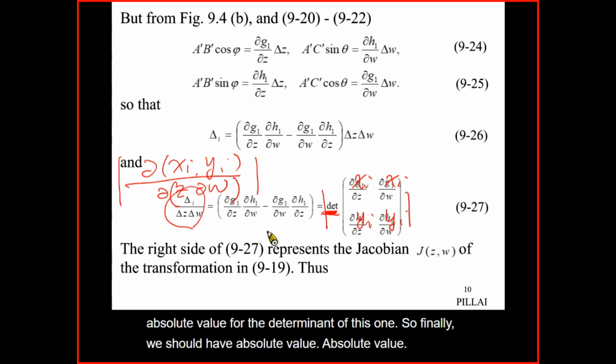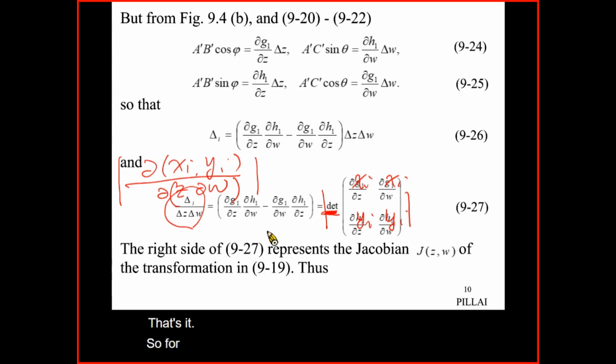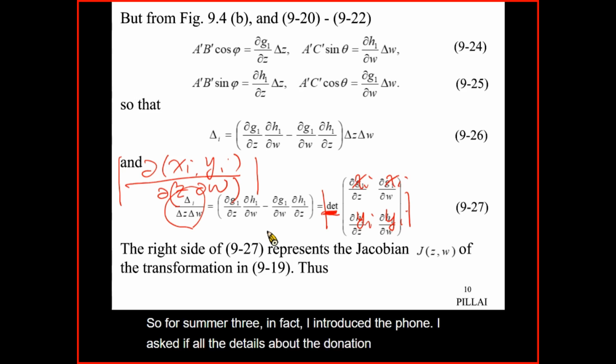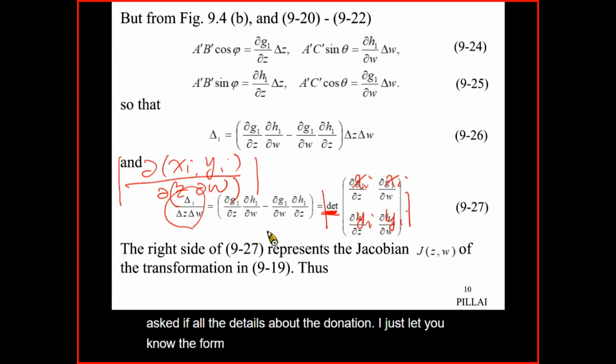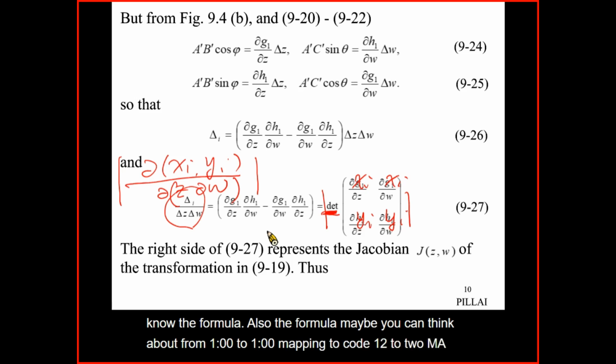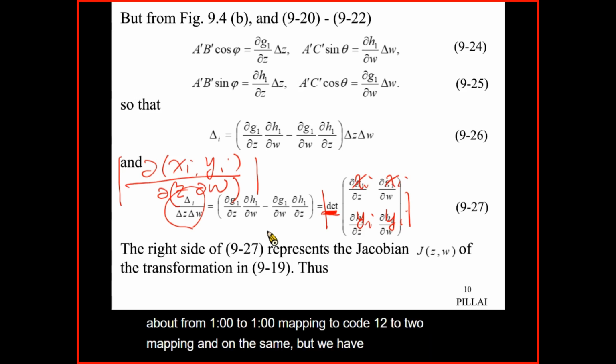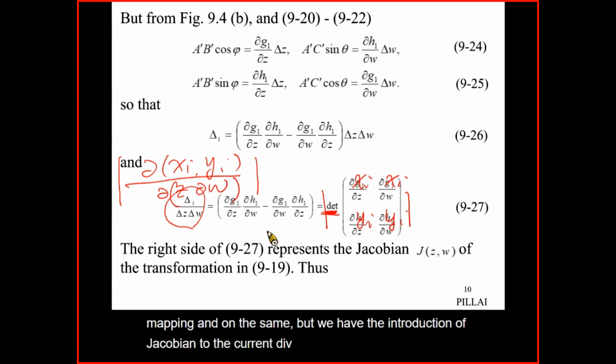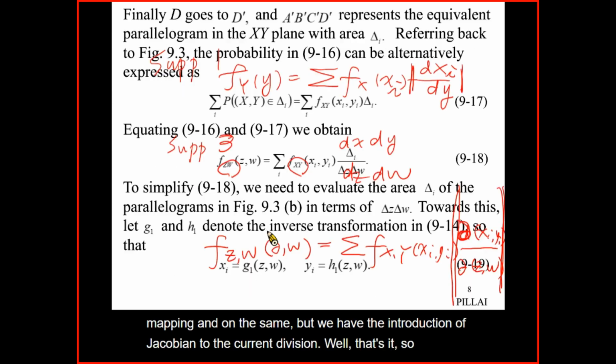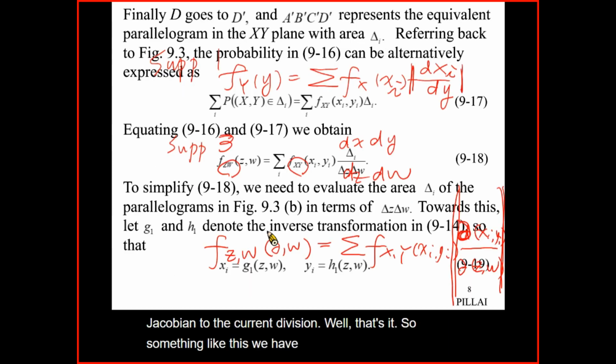That's it. So for supplement 3, in fact, I introduced a formula. I skip all the details about the derivation. I just let you know the formula. So for the formula, maybe you can think about going from 1-to-1 mapping to the current 2-to-2 mapping. And almost the same, but we have the introduction of the Jacobian to the current derivation. Well, that's it. We have the formula. Supplement 1 formula to the current formula.